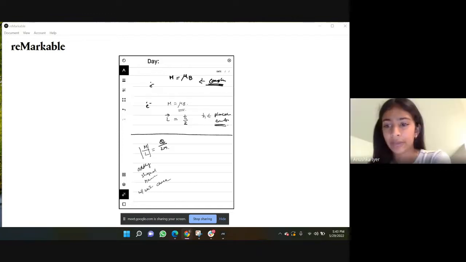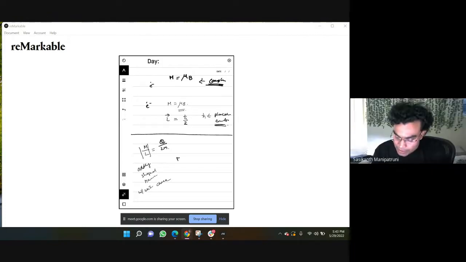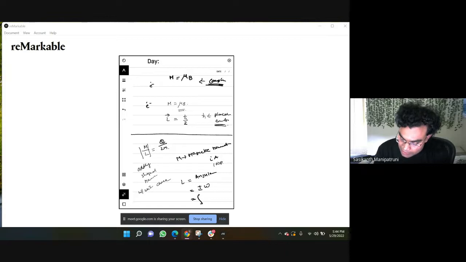But mathematically, what is the ratio? The M is magnetic moment, which is the current times area of a loop. And then L is angular momentum, which you know is I times omega, which is the integral of m r squared.